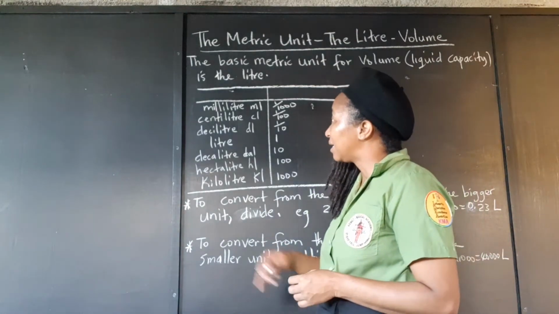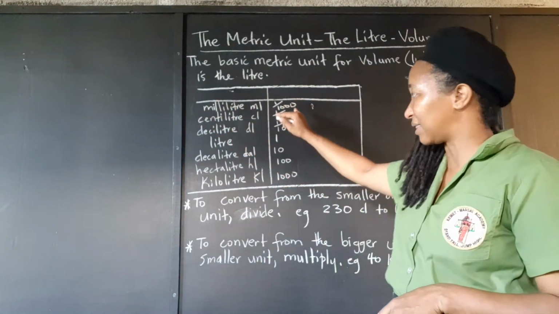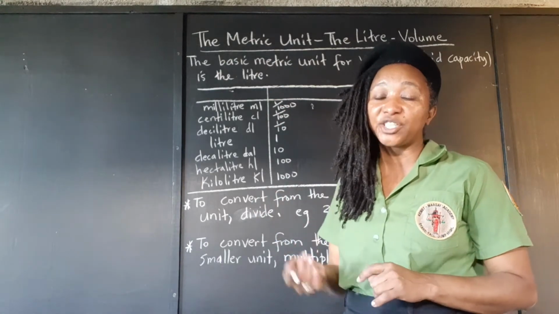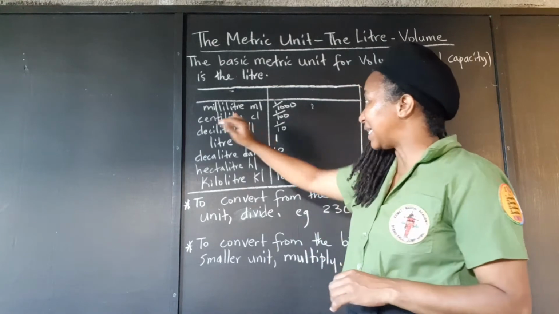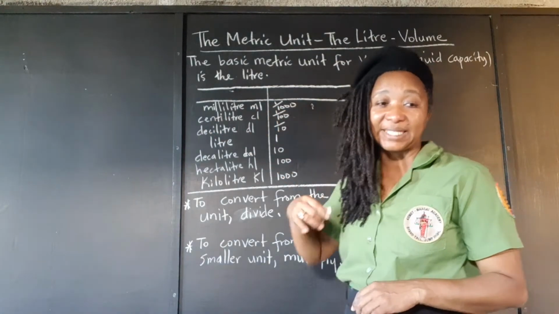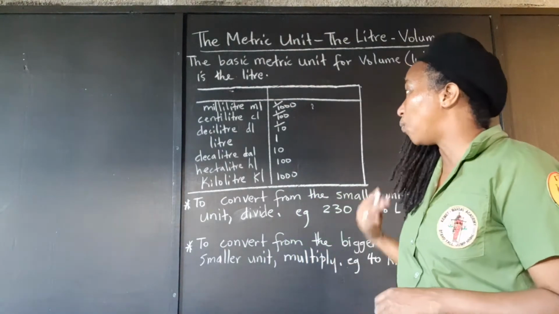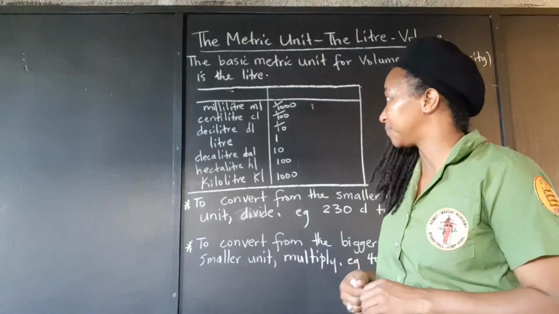Milli as a prefix indicates 1,000th. So a milliliter is 1,000th of a liter. Centi indicates 100th. So a centiliter is 100th of a liter. In other words, it takes 100 centiliters to make 1 liter.